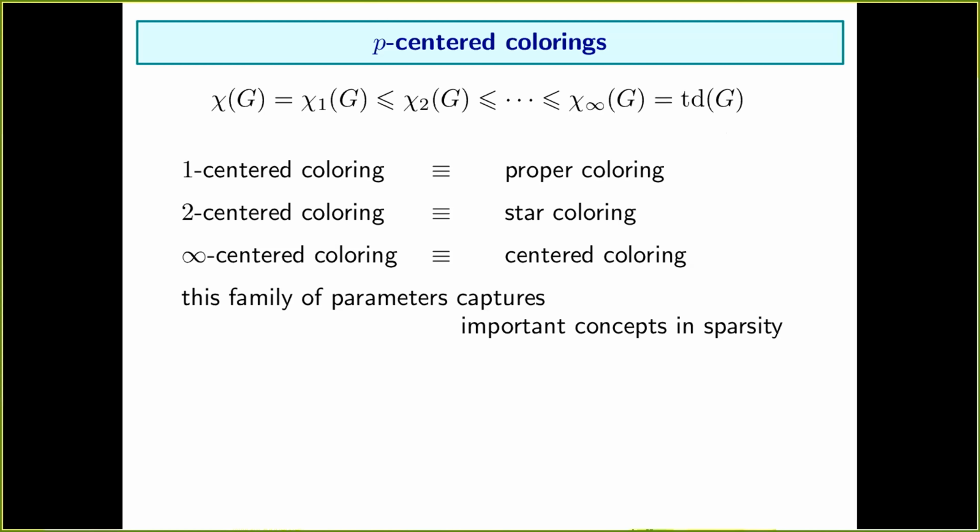So planar graphs. I said I will talk only about planar graphs here. Bounded degree graphs as well, and you can go higher and higher. So there are bounds for p-centered chromatic numbers for planar graphs. What are the bounds?